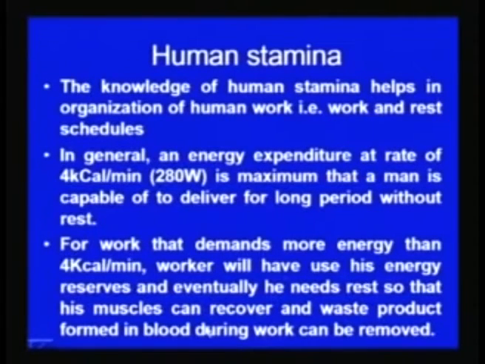The undesirable chemical products formed in the blood during the work are gradually removed during the rest period, because when physical activity or exercise is carried out, those products are generated in the blood and are removed by chemical reaction with oxygen.